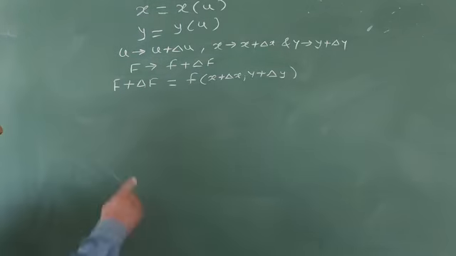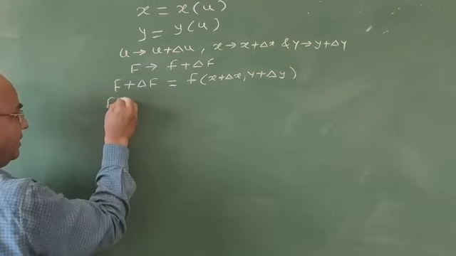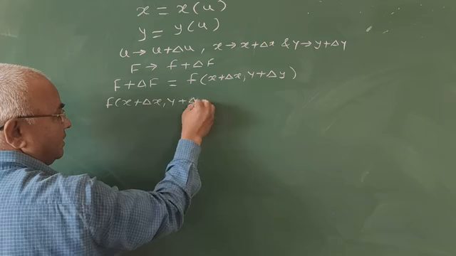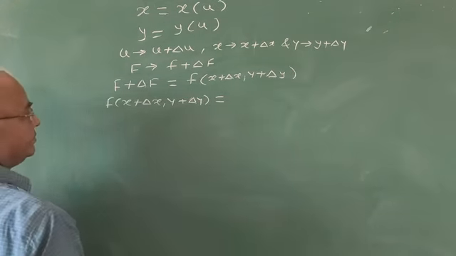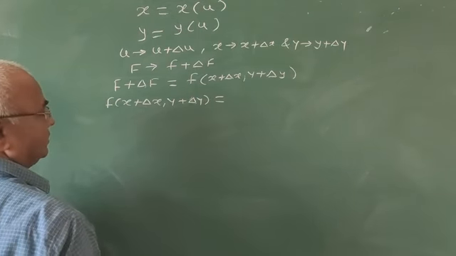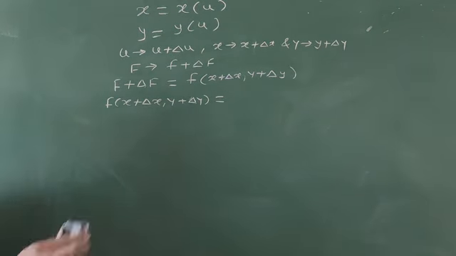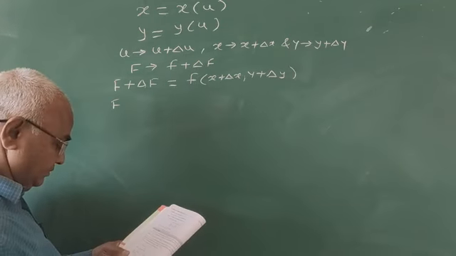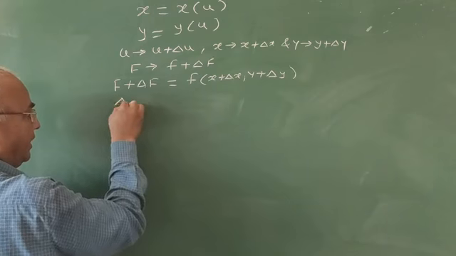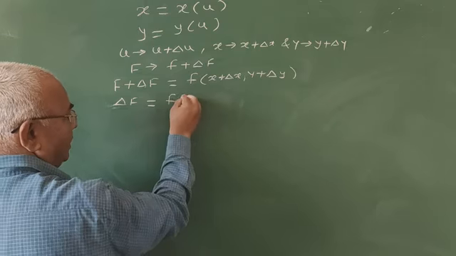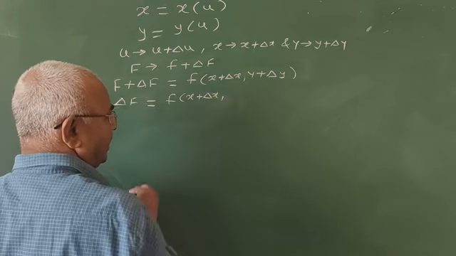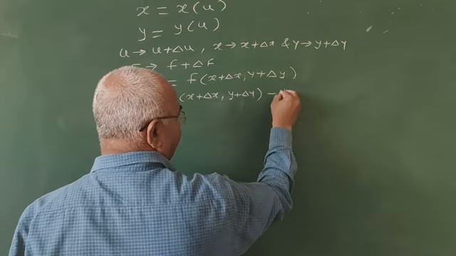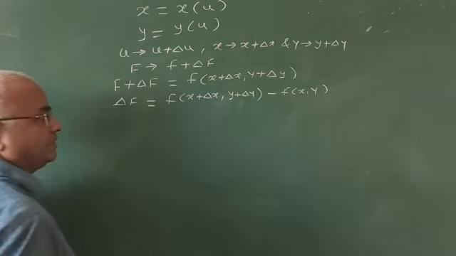Taking this f on that side, delta f is equal to f of x plus delta x, comma y plus delta y minus f of x, y.